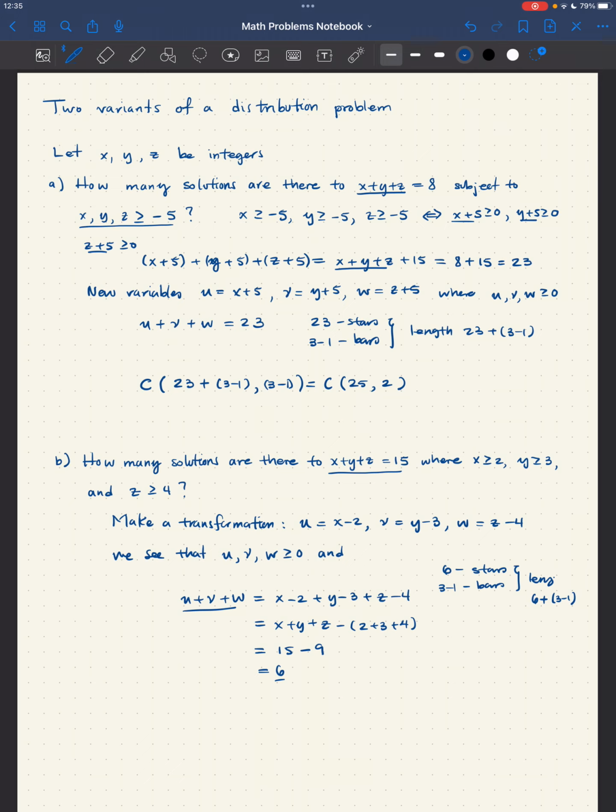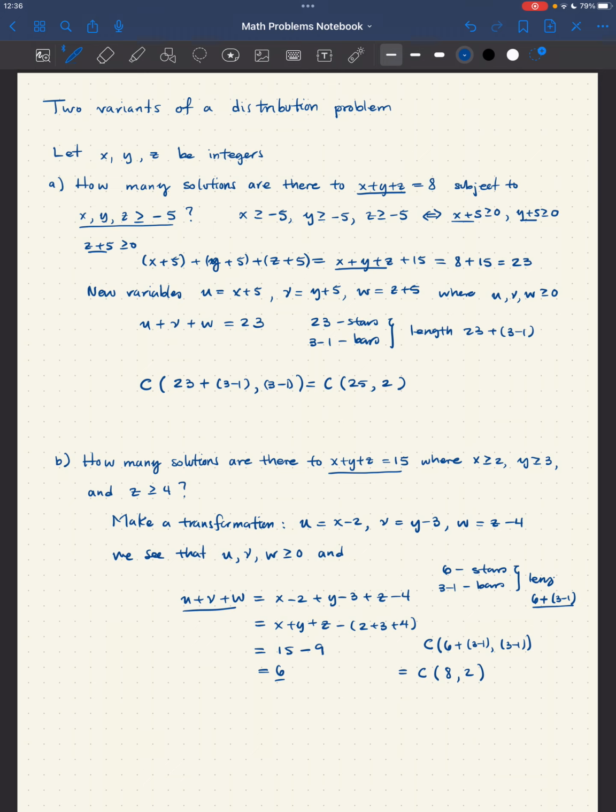Well, let's do it. So the total count would be, we choose among this many places, 6 plus 3 minus 1, you choose 3 minus 1 to be bars, which now you may reduce to C of 8, choose 2.